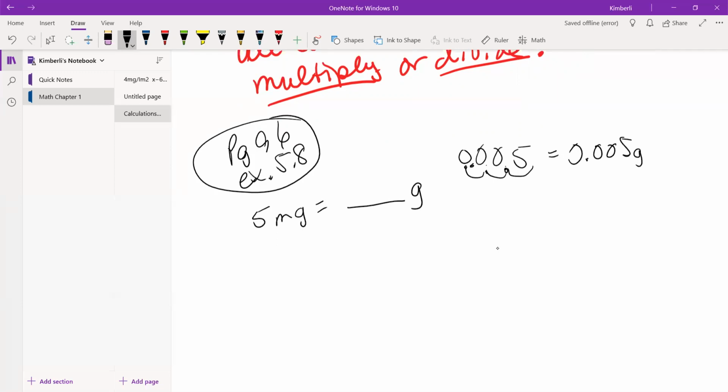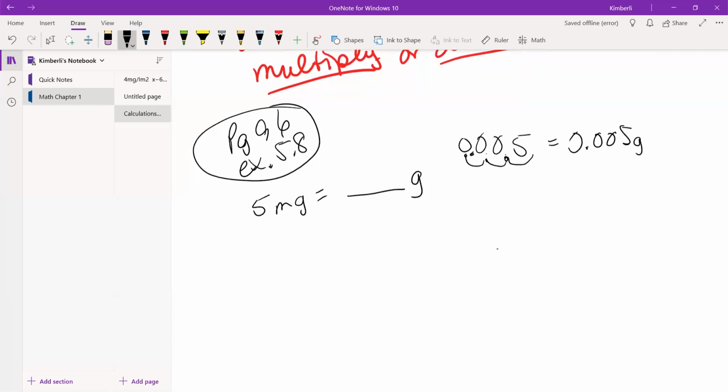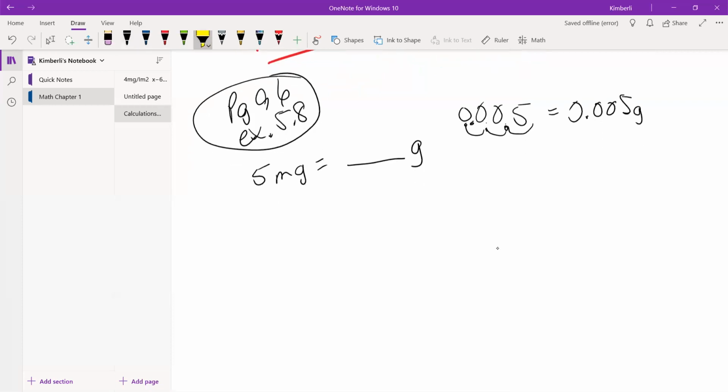grams. Or you can set it up with dimensional analysis, and we want to end up with grams. So we're going to take our conversion factor, which is 1 gram is equal to 1,000 milligrams. And we're going to put the 1 gram on top and the 1,000 milligrams on the bottom.